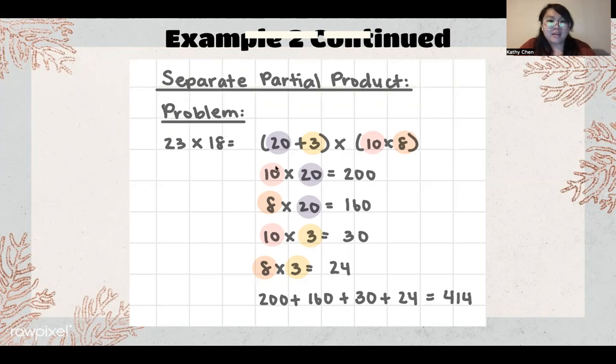They then multiplied 10 by 20, which gave them 200. 8 times 20, which gave them 160. 10 times 3, which gave them 30. 8 times 3, which gave them 24.